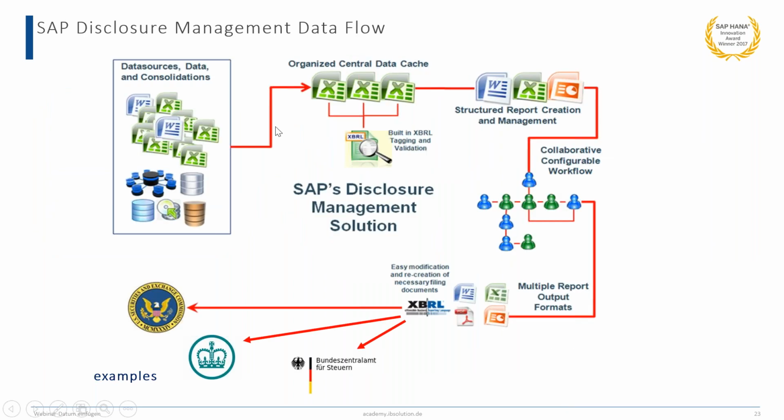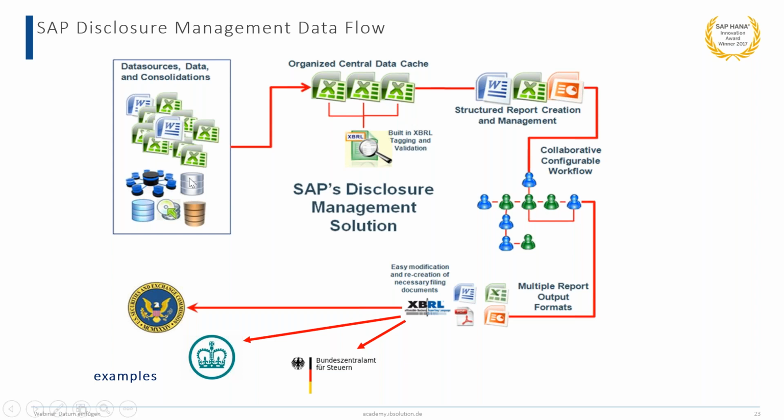The data flow in disclosure management, that's just another representation of how the data flows. So we pull all of our data sources information into disclosure management, we organize it, we apply formatting, adjust rounding errors, add some custom validations, and then move this data over for presentation purposes into the corresponding output format that we want.